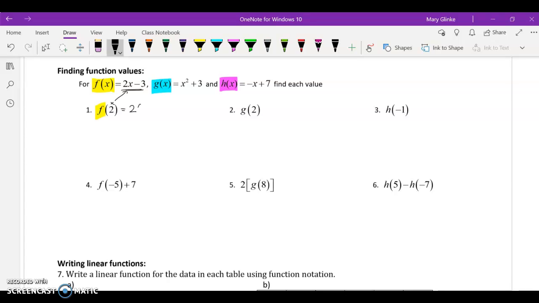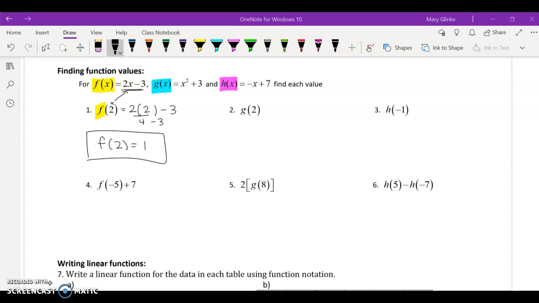So I'm going to do 2 times my x value minus 3, but for x, I want to plug in 2. So as I simplify those, I follow my order of operations. So f of 2 is 1. If I plugged in 2, I got 1 back out. That's what that's saying.